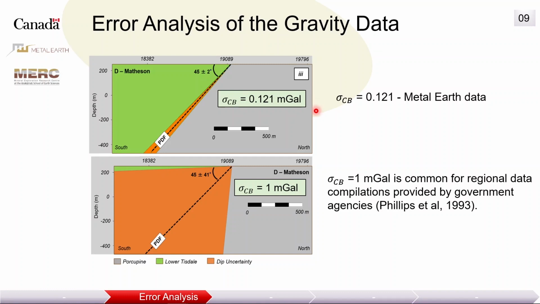What happens for the same area, with the same density values for both units, if the complete Bouguer anomaly uncertainty or error is about 1 milligauss, which is very common for regional data set compilations? We were not able to estimate the Porcupine District fault angles under this assumption. So it shows how important it is to have good data, and to know how sensitive our model is to the data.